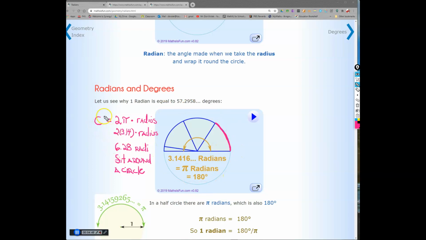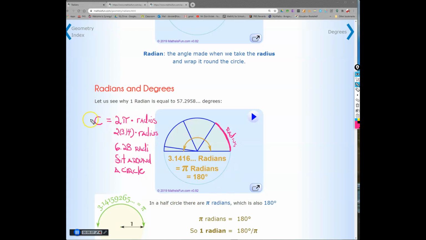All right, the formula for the circumference of a circle is 2 times pi times the radius. Remember, a radius, this is a radius right here, except we wrapped it around the circle.